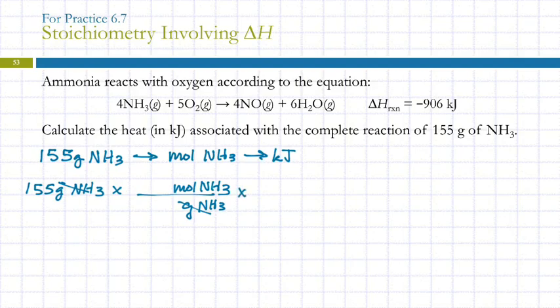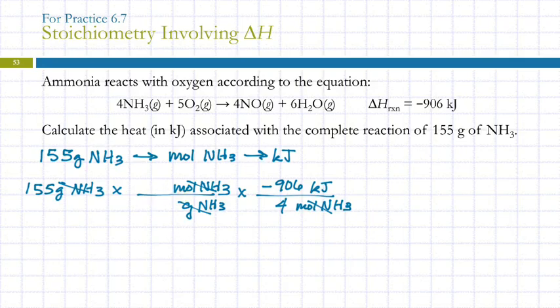And then over here, I've got kilojoules on top and moles of ammonia on the bottom. So moles of ammonia cancel out. So delta H is minus 906 kilojoules, so minus 906 kilojoules for 4 moles of ammonia.